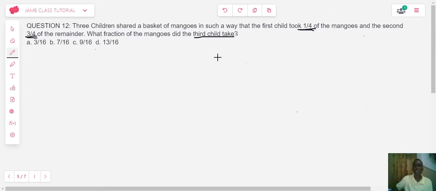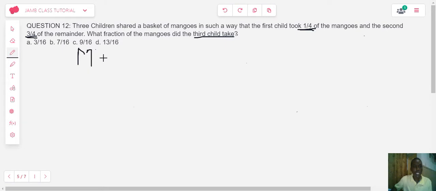That's the question we want to find an answer to. Remember, this is a word problem, so pay attention because you'll be using this method in solving some other questions. Now, let's look at the question.